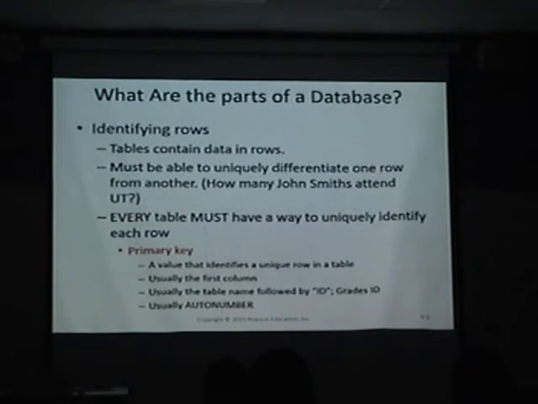So every row represents one record. One university, one student, one email, one office visit, depends on the table, right? Each row represents one unique item.